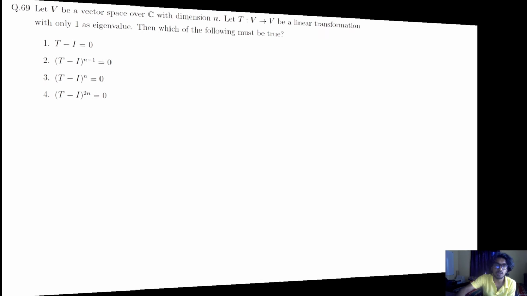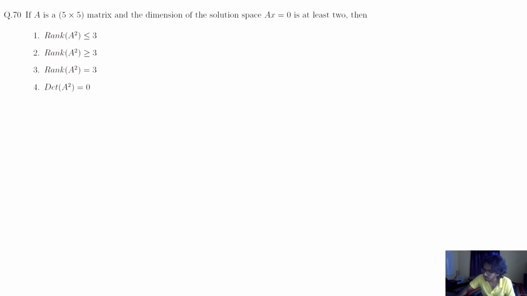Okay, now let's move to the next question. In this question, it is said that A is a 5 by 5 matrix and the dimension of the solution space of AX = 0 is at least 2. What is it? As of now, we are looking for the dimension of the collection of X in R^5 such that AX = 0. The dimension of this set is at least 2.